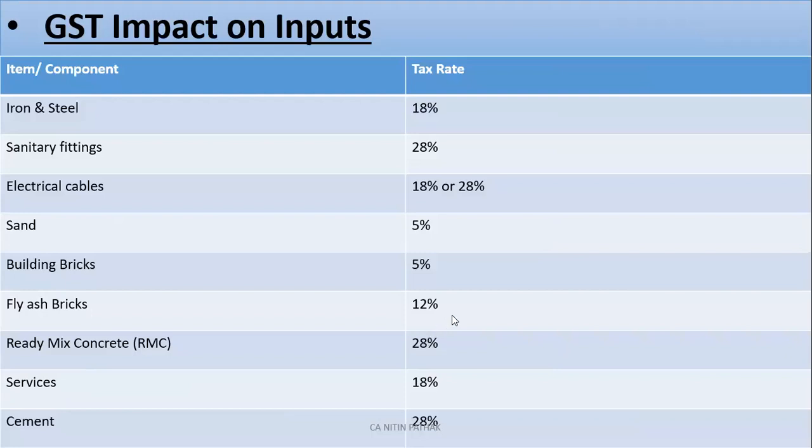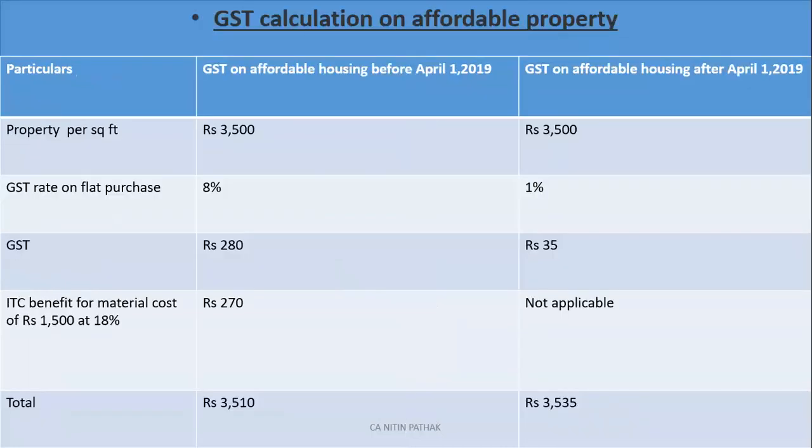These are the inputs we are entitled to; we are not entitled if we are following 5% and 1%, and if commercial is less than 50% also. Otherwise, it is 12% in a commercial project. Now this is the example I have given to understand the topic.